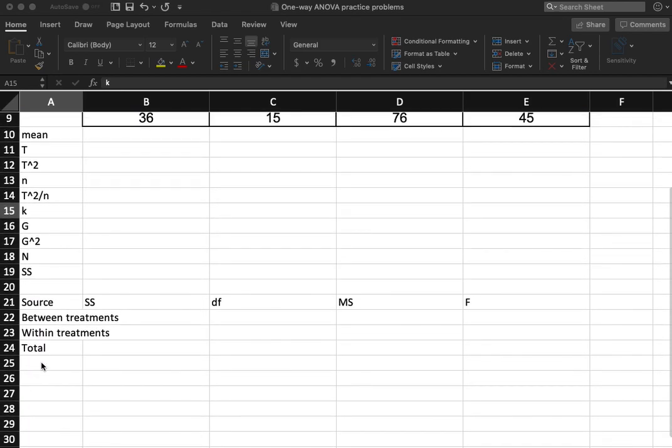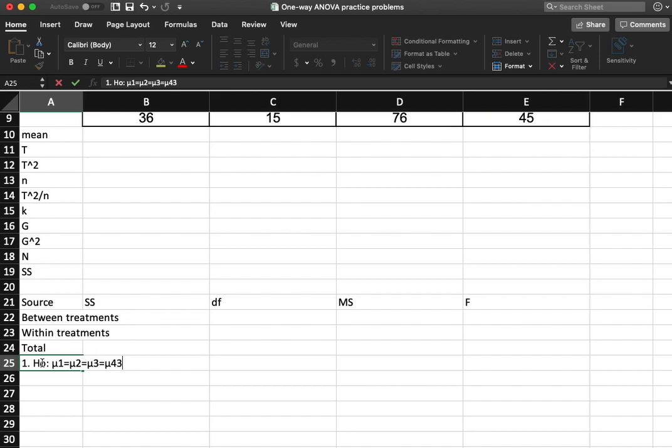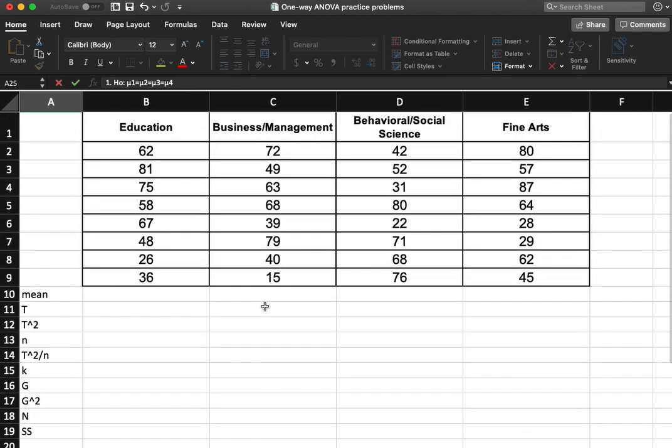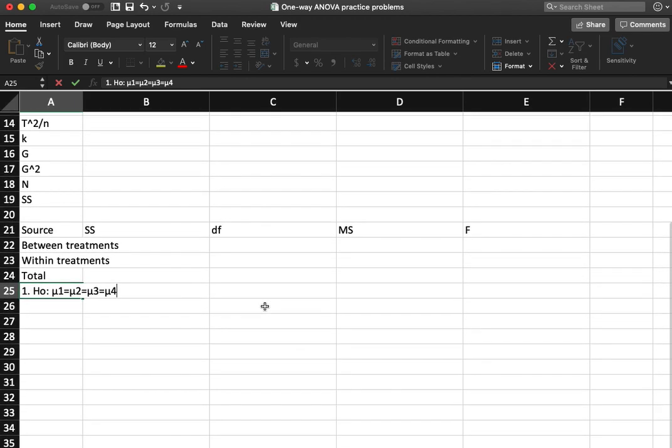Let's go ahead and do all of our steps. Let's take the null hypothesis here that the mu for the first group is going to be equal to the mu for the second group, which is going to be equal to the mu for the third group. But we actually have a fourth group here, so mu 4 is the last one that we do. All right, so we've got 4 mu's.